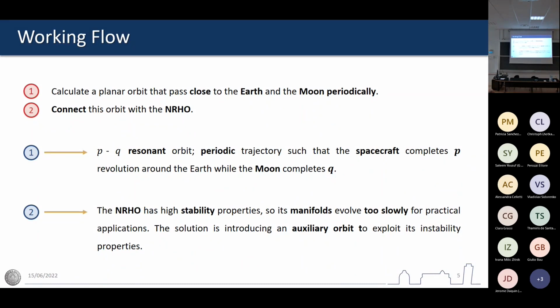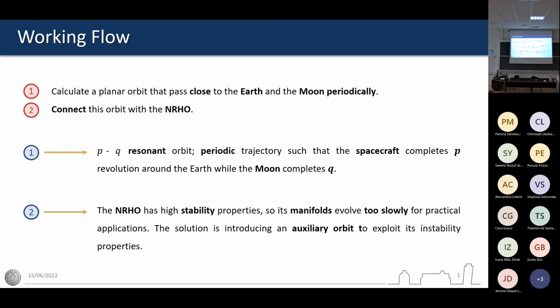Then to introduce an intermediate parking orbit to exploit the dynamics of the manifold of this intermediate parking orbit, because as you may know, the NRHO is a very stable orbit. So the manifold evolves very slowly. And for this kind of practical application, a slow manifold takes a lot of time.